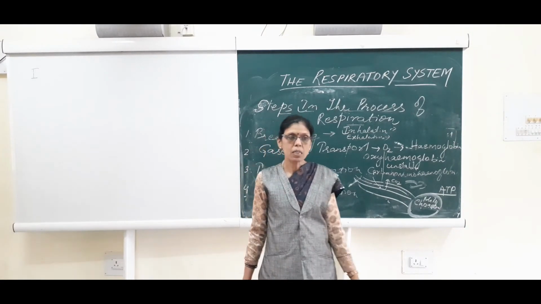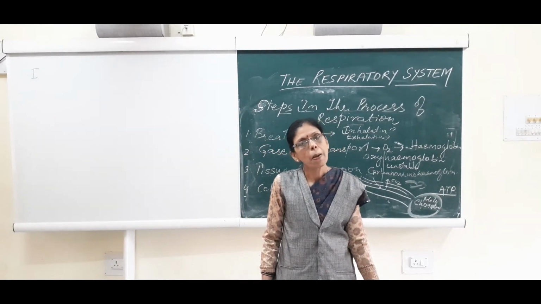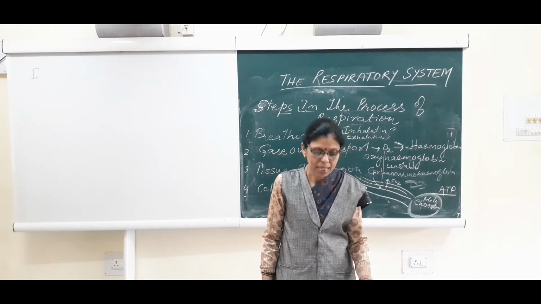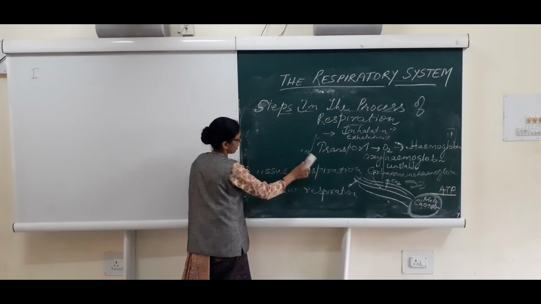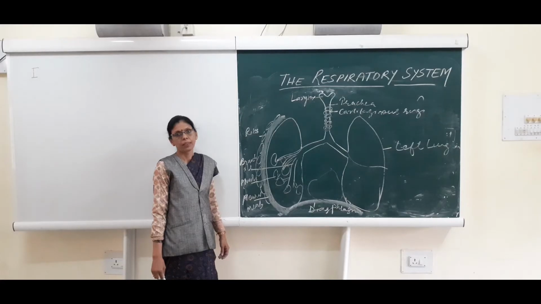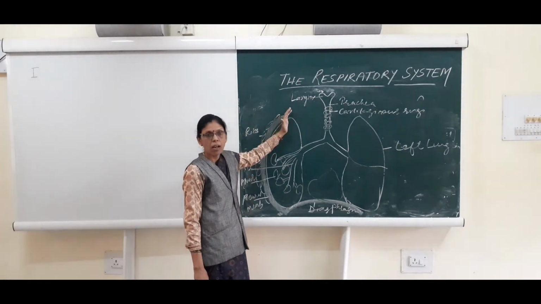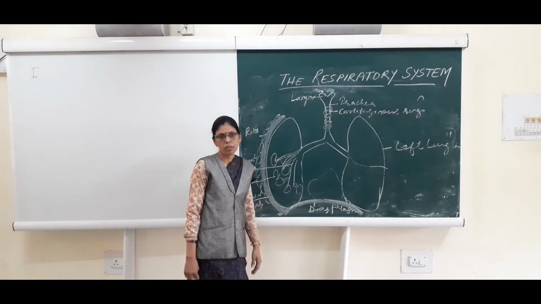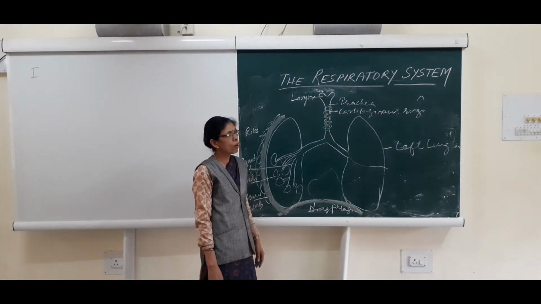Now, how does this process of respiration take place? We will study that. As we are studying the process of respiration, we all know that any process, digestion, respiration, any process, is carried out with the help of a system.